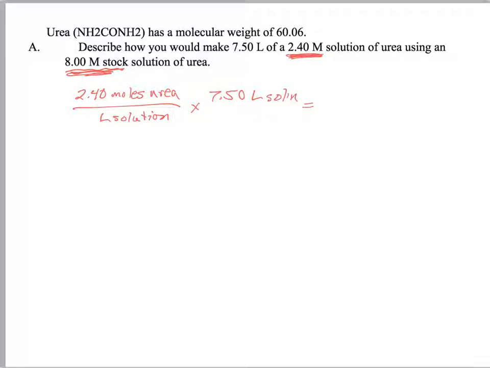That means we need 18.0 moles of urea. Now, we're getting that urea from this stock solution. And so the question is, what volume of that stock solution do we need to give us this much urea? So we start with that 18.0 moles of urea.